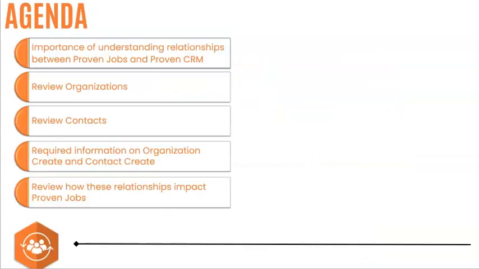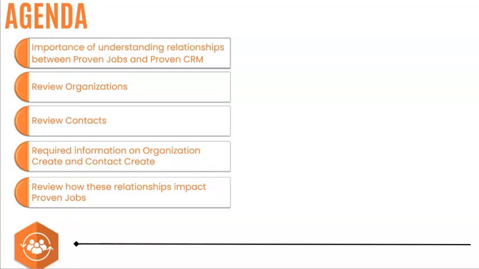On the agenda today, we will look at the importance of understanding relationships between CRM and Proven Jobs, and why it is important to ensure that our data entry in the CRM is accurate, as it will impact how these records are added to jobs. We will review organizations and the fields within an organization record. We will review contacts and the associated fields within a contact record.